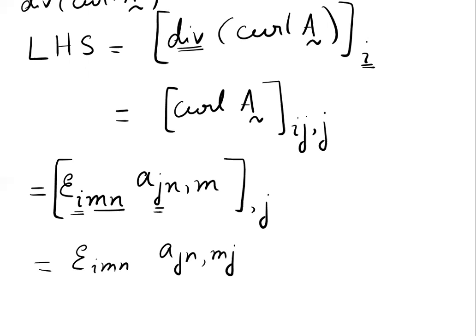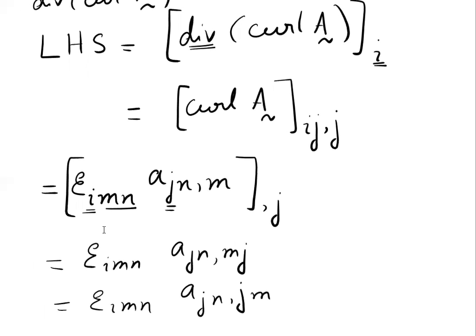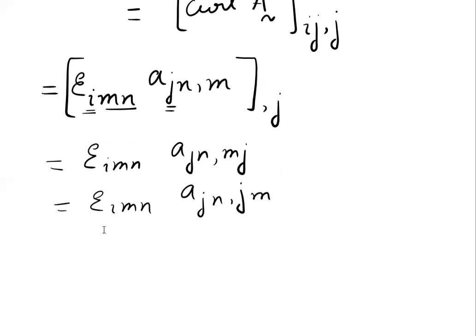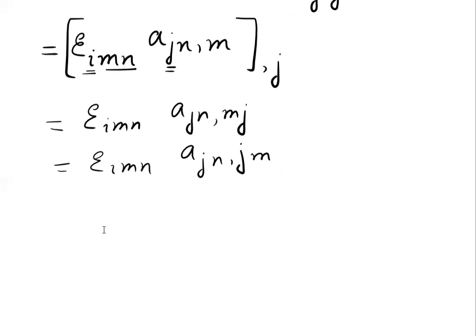Right? Okay. Next step. That is epsilon Imn, A Jn as it is. Now, first differentiation with respect to M, then J. Or I can reverse this, J, M. They are the same, no? First you differentiate with respect to M and then with respect to J, or first with respect to J and then M, both are the same, right?